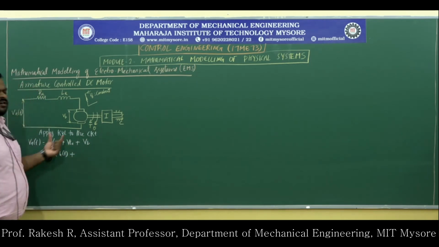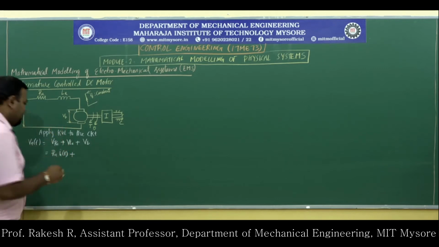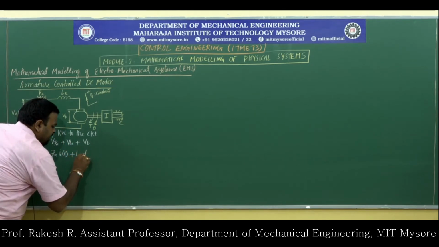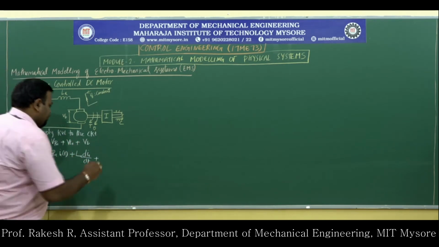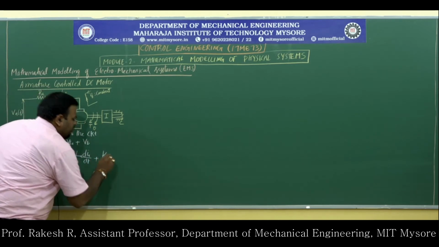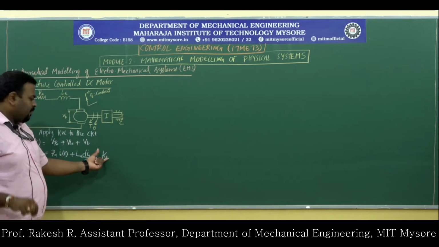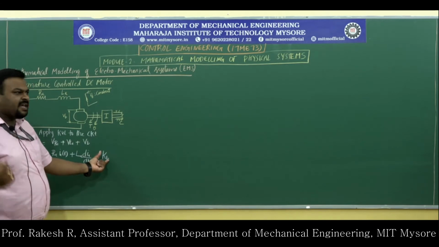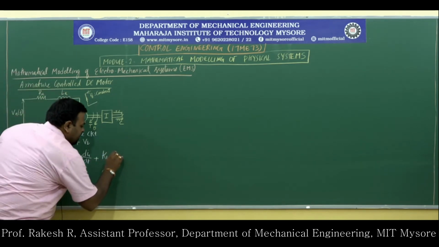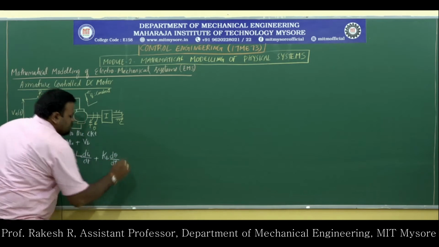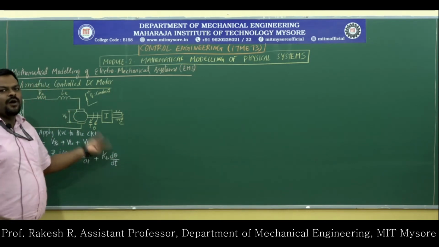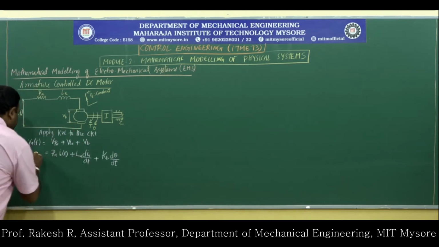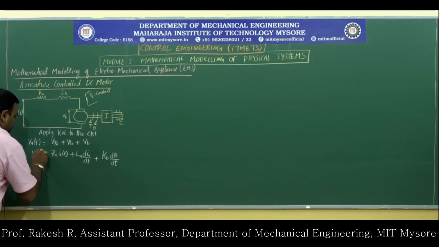Plus the voltage across the inductance, which is L into di by dt, so LA dIA by dt. The voltage across the back EMF is KB, the back EMF constant, into d theta by dt. You generate back EMF because of the rotation of the armature. So this is the equation we get.